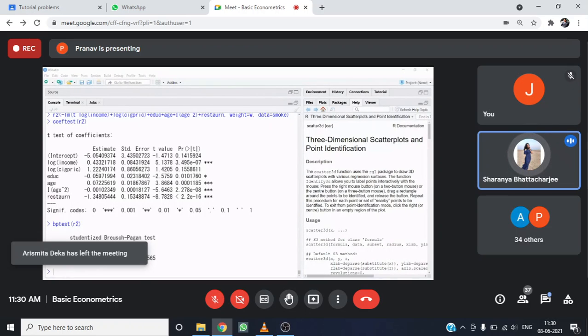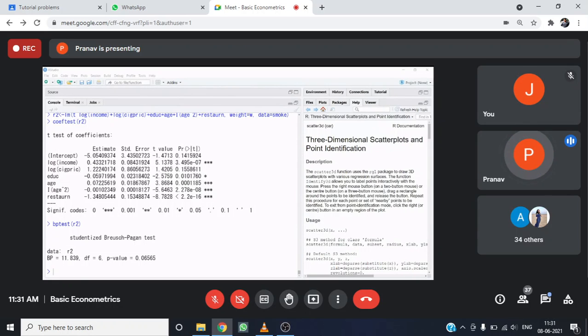Yeah, it's a bit more than 5%. So if your level of significance is 5%, that is, if your null hypothesis is that there is no evidence of heteroscedasticity, your null hypothesis will not be rejected. So there is no evidence of heteroscedasticity. That's what you can conclude.